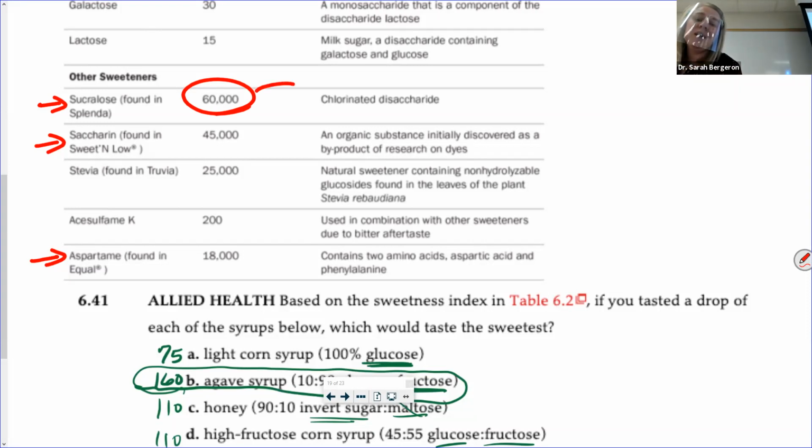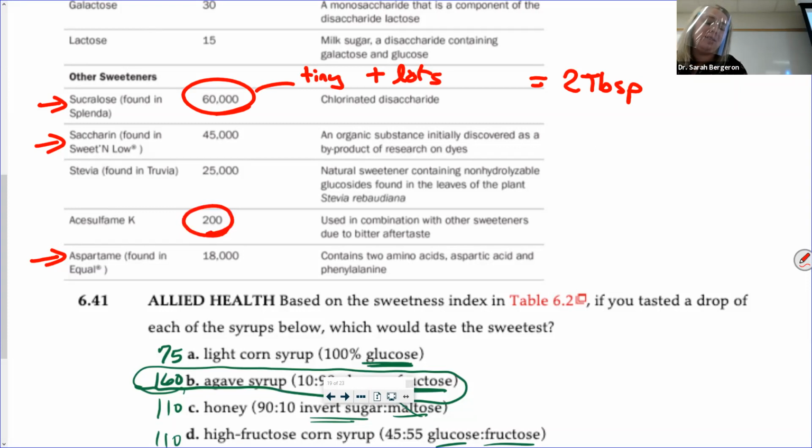So if you're going to equal 2 tablespoons, I might only have a tiny amount of sucralose plus lots of filler. But what if I had something that was only 200 times more? Now I would have like 1/4 teaspoon plus some filler, right?